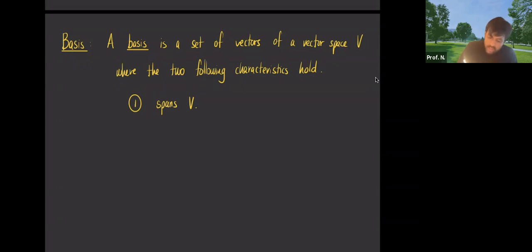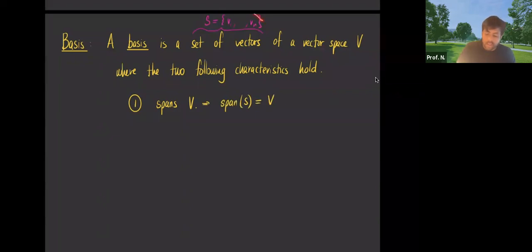And let me just say, the set of vectors I'm speaking of, I'm going to call this set S, is the set V1 all the way to Vn. So when I say it spans V, what I'm saying is that the span of S is V. And we know what span is, right? It's the set of all linear combinations.